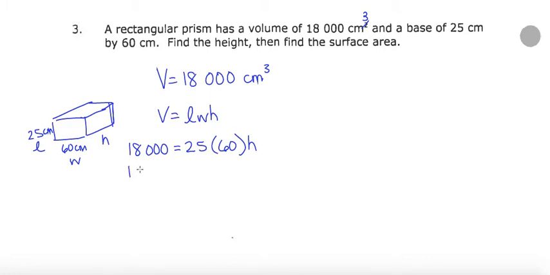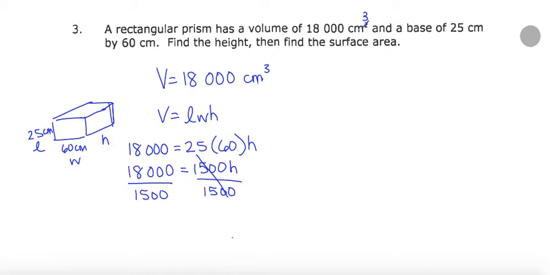So we want to simplify our calculation on our right-hand side. We're going to work out 25 times 60 first, which gives us 1,500 times our h. And now we want to solve for h. So we want to move the coefficient in front of the h to the other side. And we do that by dividing both sides by 1,500 so that it eliminates itself from the right-hand side.